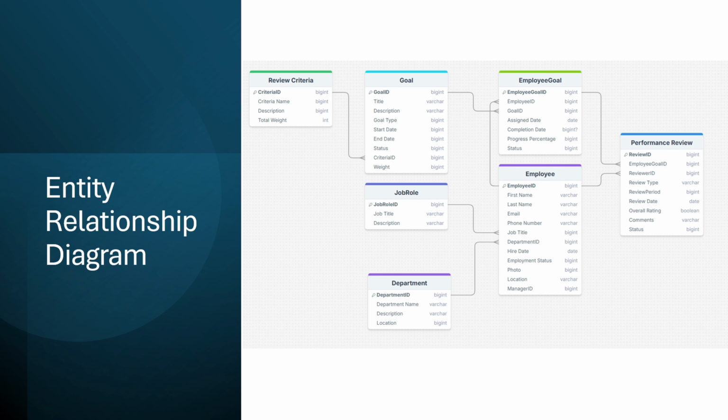A reviewer can conduct multiple reviews, but each review is done by one reviewer, hence the one-to-many relationship. We also have the employee and the employee goal. Each employee can have multiple assigned goals, but each goal is only linked to one employee, hence the one-to-many relationship that we have here. And we also have the criteria and goal. Goals have multiple criteria, hence the one-to-many relationship.